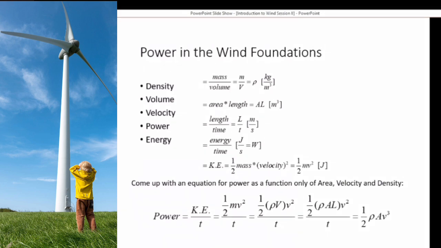So that is density. And the volume, we know, is the area times length. And this length is the distance of the blade. Means the distance of the blade creates a certain area, and of course the more you increase the length, the more you cover.